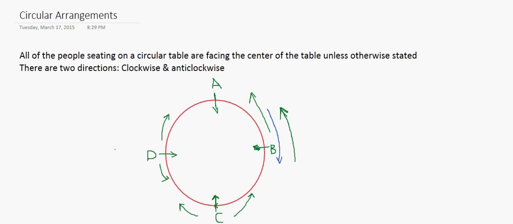So the easiest way out is you assume yourself to be any of them, right? For example, here you assume yourself to be B. When you are B, sitting facing towards, let's say this is a west direction, right? We have already done directions as well. So what is on our left? It is clockwise only, right?